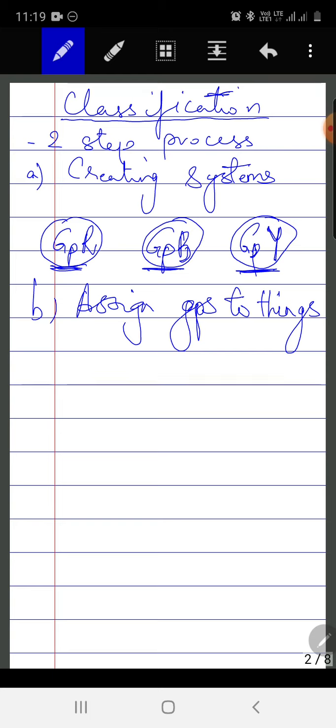There's a group of students. You ask one of them, to which class do you belong? The child would say, I'm in third class. There is a basis on which the child has said that I belong to the third standard. In the next step, you would send the child where the third class students would be sitting. Got it? So first you create systems and then you assign groups to the things.